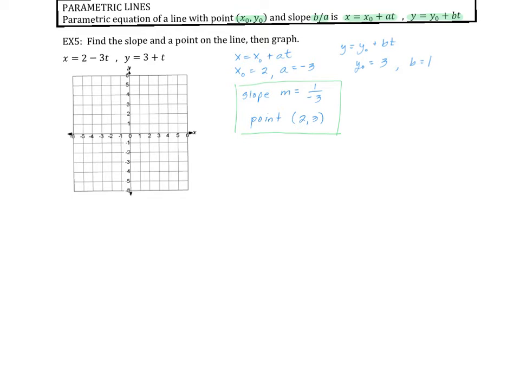So if we were to graph this, we would start at the point 2, 3, and then we would use our slope to count. Okay. So if I go 1 for y value, that's up 1, and then the negative 3 means x values to the left, 1, 2, 3.